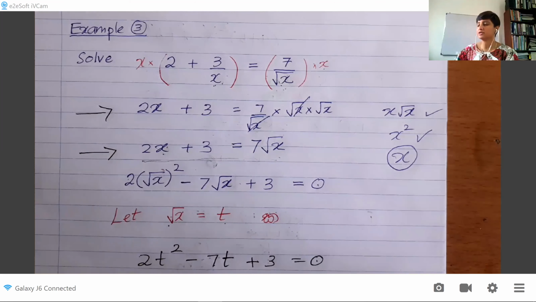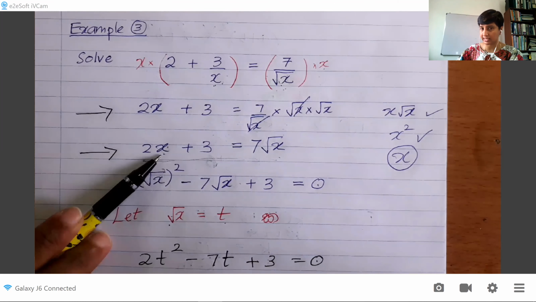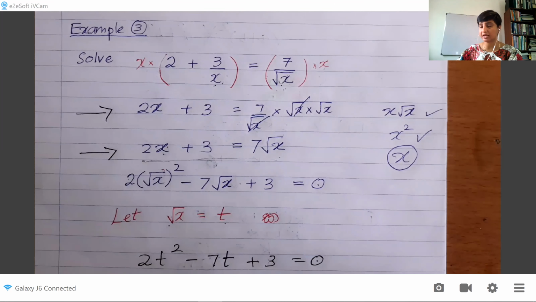Now you take a fresh look at it. So I have 2x plus 3 equals 7 root x. You have to see that x is the square of root x. If you don't see that, you wouldn't be able to see that this is in fact a quadratic equation in disguise. So that's crucial here.